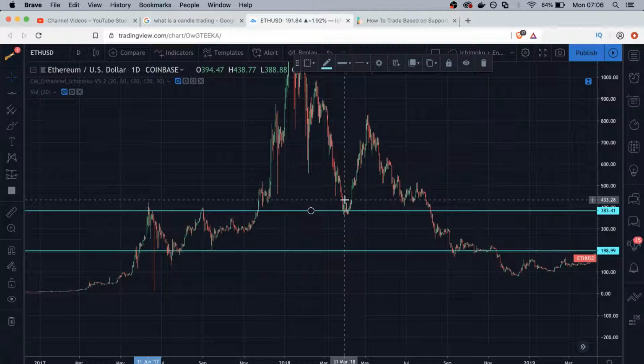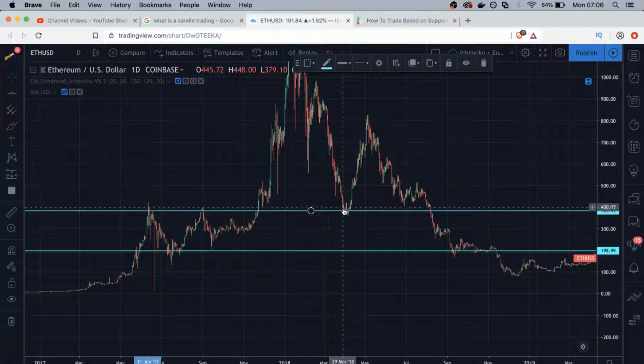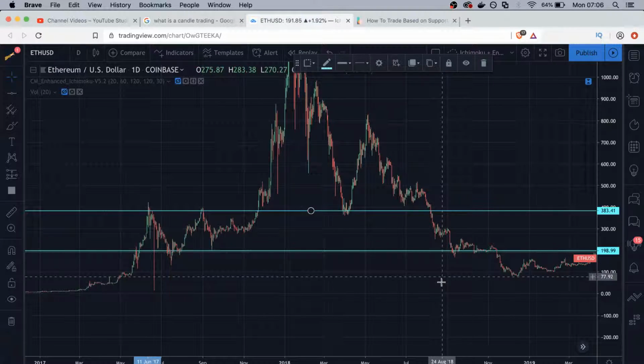And when the downtrend occurred, it bounced back off the $383 price point, and then the price went back up again and it broke down through this support and went back down to bounce off the $196 support.